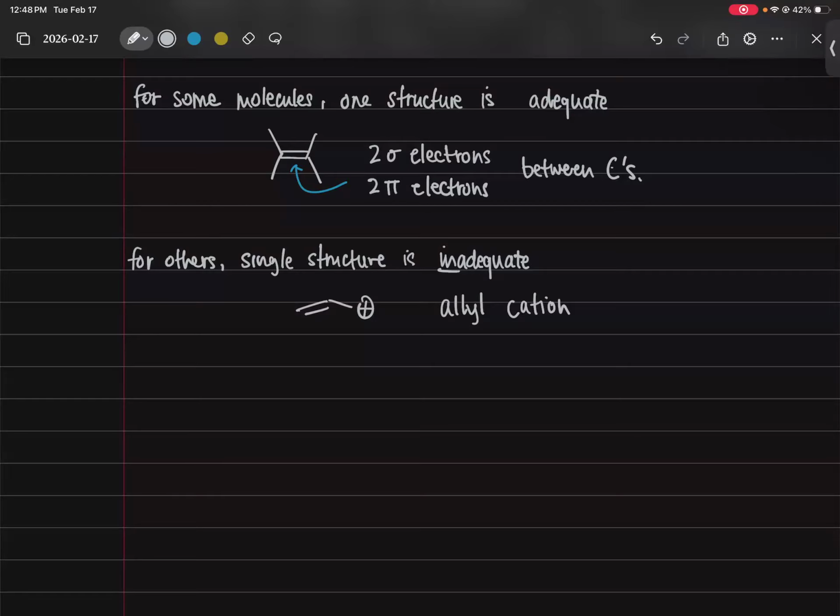If we do spectroscopy of various kinds on this molecule, we will find that all three of the carbons are sp2 hybridized.